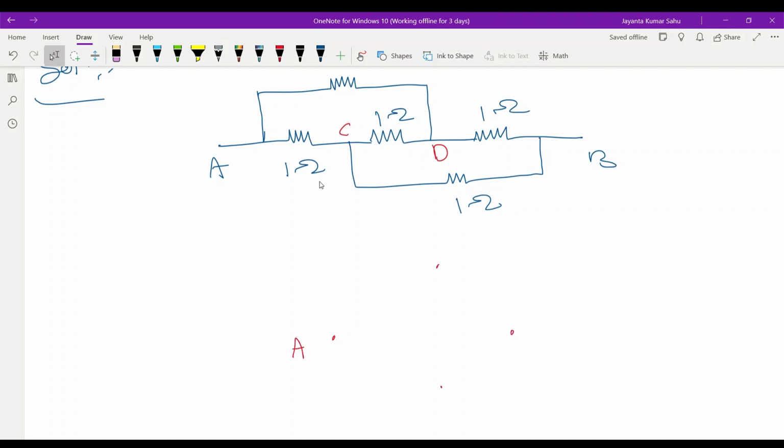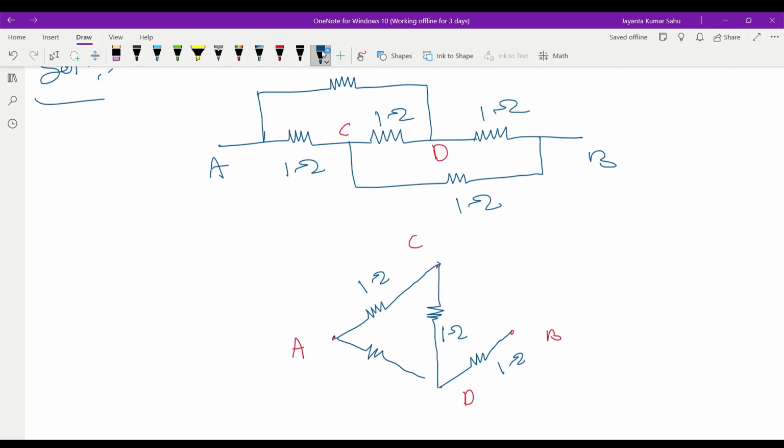A, B, C, D. A to C 1 ohm, C to D 1 ohm, D to B 1 ohm, then A to D 1 ohm and C to B 1 ohm. We just connect accordingly to the names.